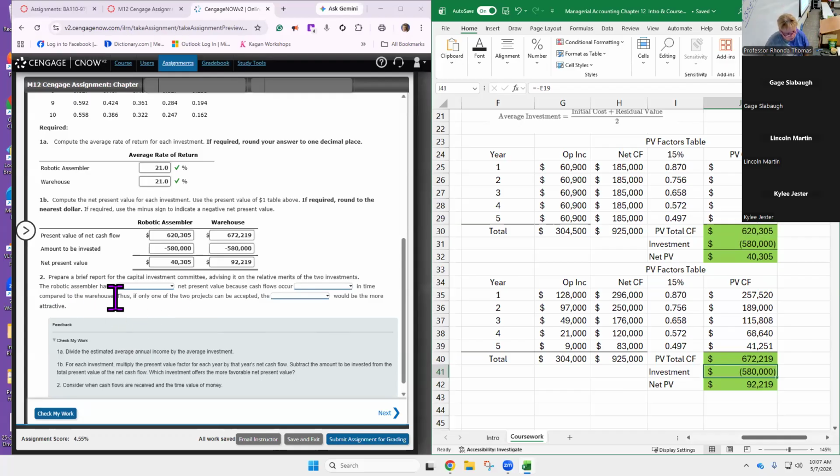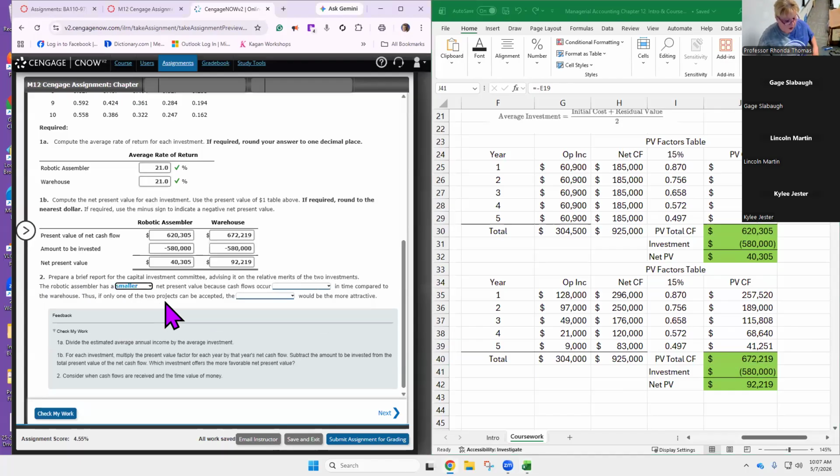The robotic assembler has a blank net present value, okay? So it should be a smaller net present value than the cash flow of the warehouse, right? Yep. And the reason is, one more time, the robotic assembler has a smaller net present value because cash flow occurs later in time, right?